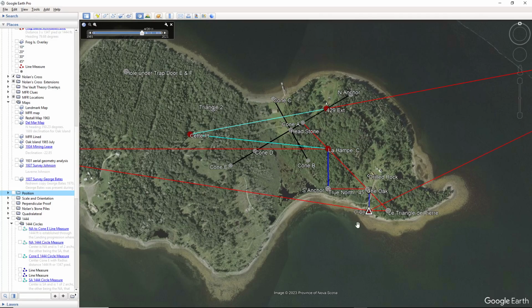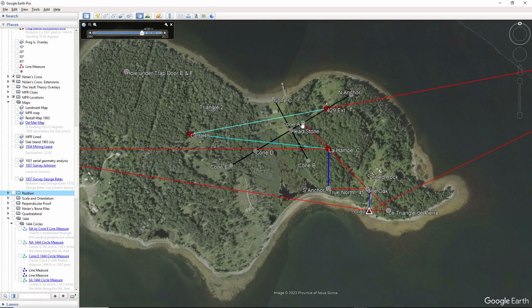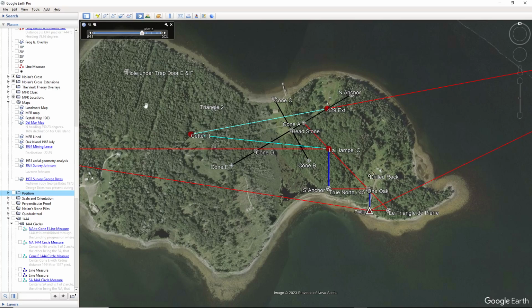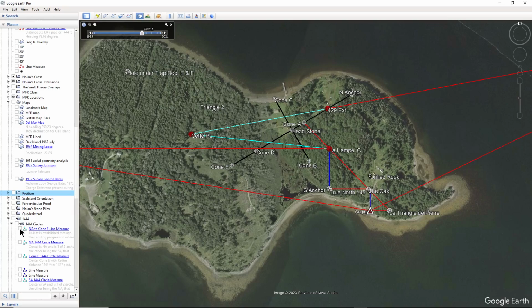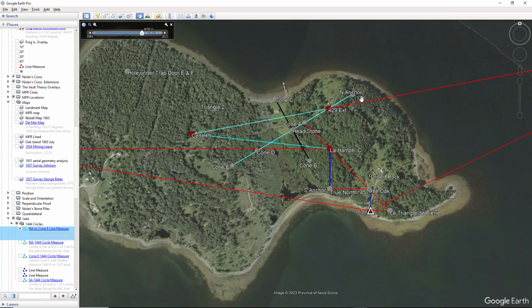So this is something that is very interesting, and the correlation between the stone triangle, the map, and the consistency of which the 1347 is used, not only in finding the different locations, triangle 2, the hole under the trap door, but also in the distance that it is from cone E to the north anchor is 1347.